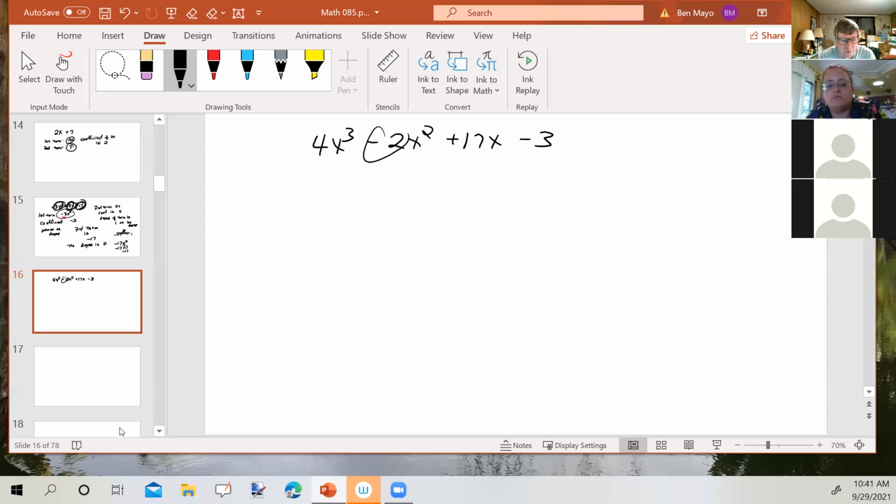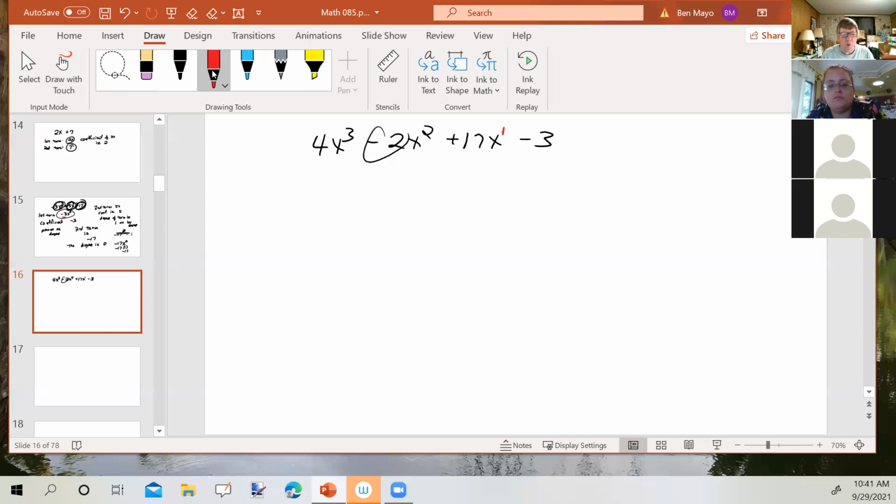The third term of this polynomial is 17x. The coefficient is 17. The degree of the term is 1. Keep in mind there's an implied 1. When there's no exponent written, there's an implied 1 on that base. The fourth term is negative 3. It is a constant term, and it is of degree 0.